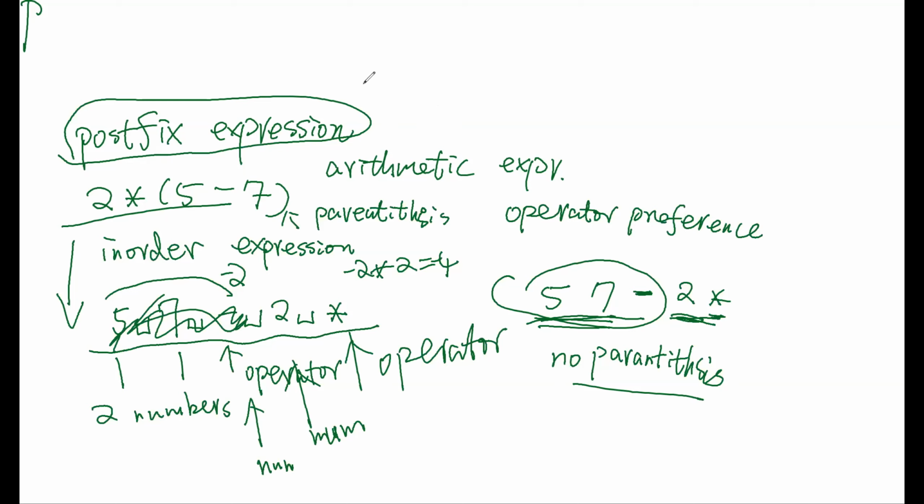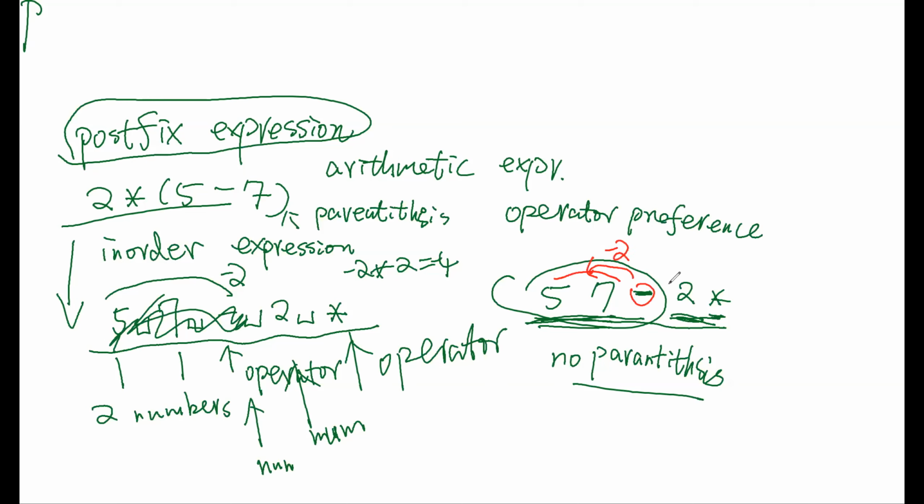So the question is, if you encounter this expression, how do you do the arithmetic operation on it? Based on what I just explained, it's kind of easy to understand. You apply the operator to the previous two numbers.